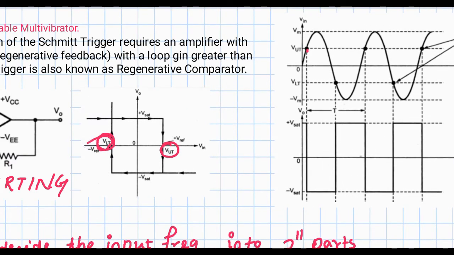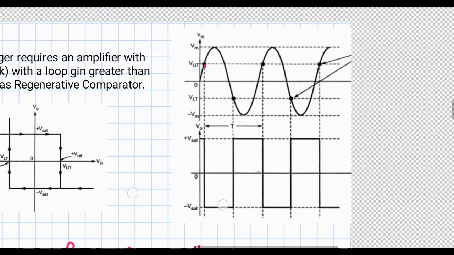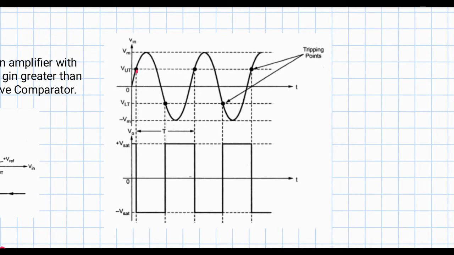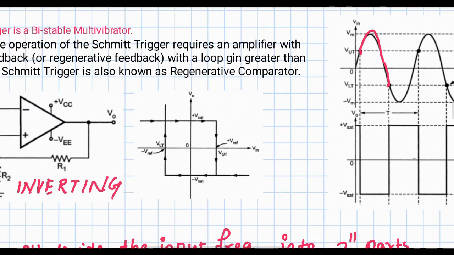When the voltage is increased and then goes from the upper threshold to the lower threshold, the upper threshold is a positive value and the lower threshold is a negative value. So what is happening? From upper to lower, mark the arrow like this.